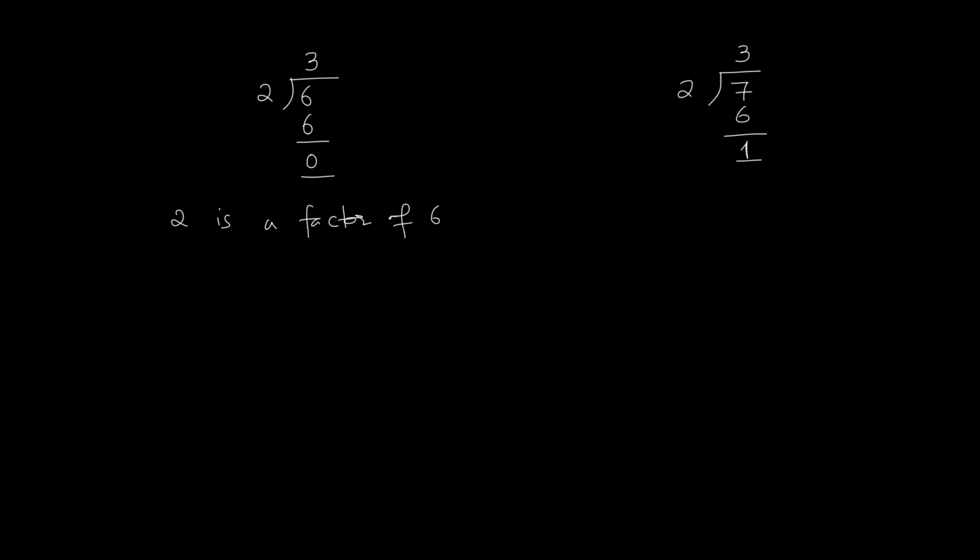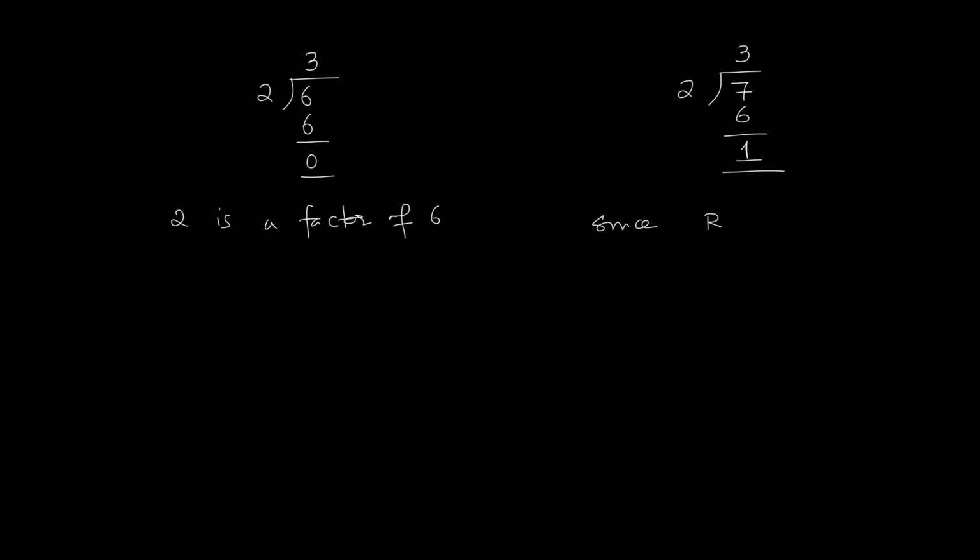Let me take the example of 6 divided by 2. 2 into 3 gives you 6, leaves a remainder of 0. In other words, 2 is a factor of 6. On the other hand, if I want to divide 7 by 2, 2 3s are 6, that leaves a remainder of 1.